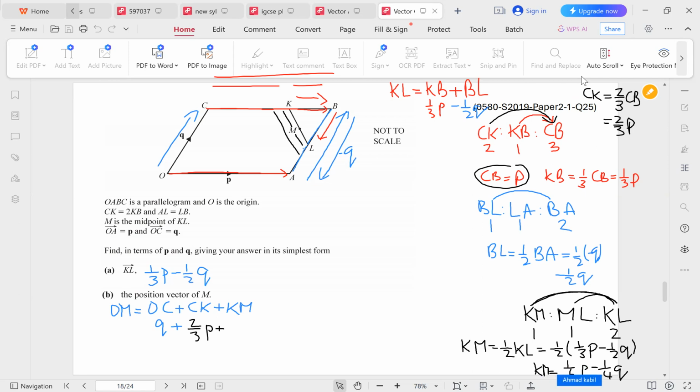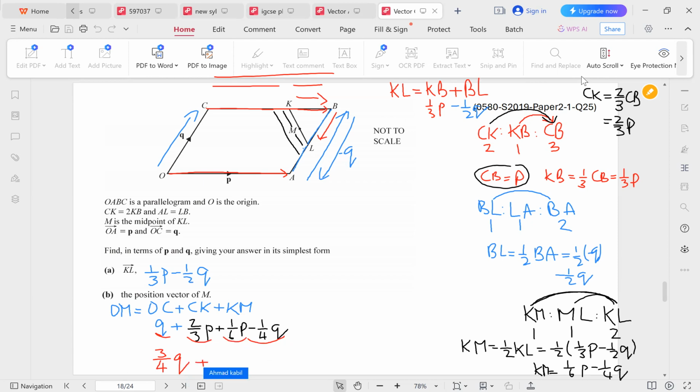Finally, we put it into the equation. So we have 1 over 6P minus 1 over 4Q. And we can simplify. So we have Q and 1 over 4 minus 1 over 4Q. So that gives us 3 over 4Q. Here we have 2 over 3P plus 1 over 6P.